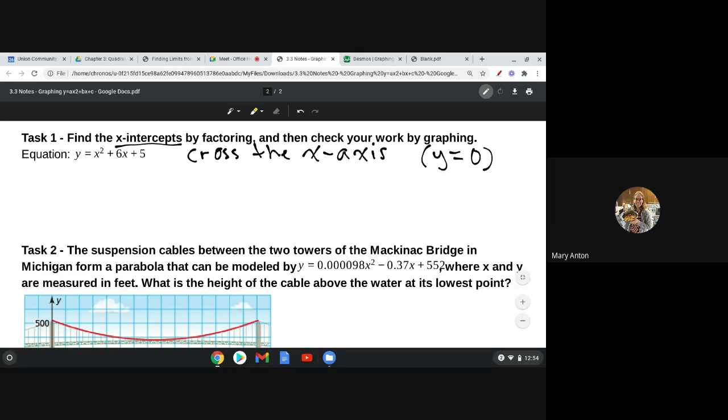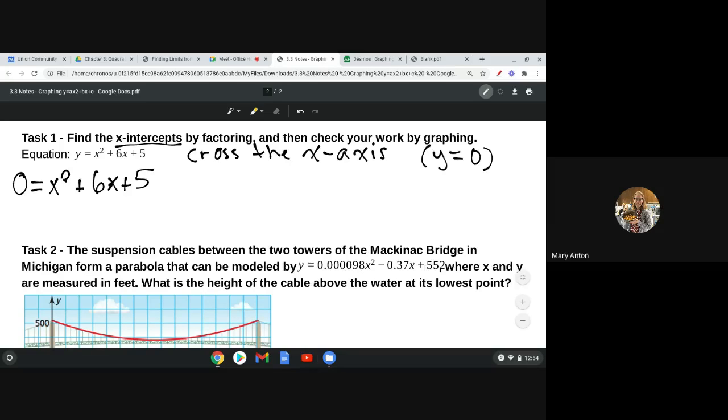So, class, we're going to set y equal to 0. So we say 0 is equal to x squared plus 6x plus 5, and we need to solve for x. How do you do that? You factor.